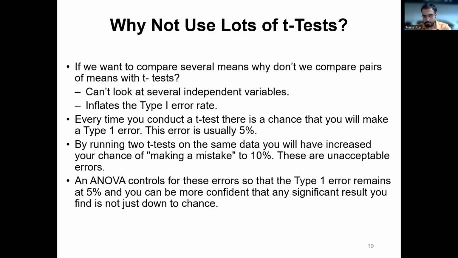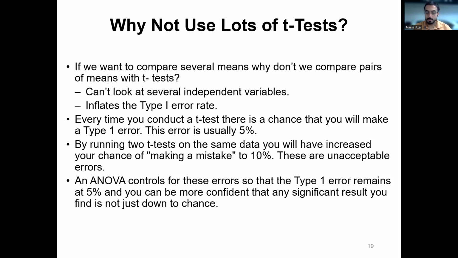In both cases, we have only one dependent variable. Remember that with one-way ANOVA, with two-way ANOVA, with independent t-test, we have only one dependent variable. But with t-test, we have only one independent variable. But with ANOVA, we can have more than one independent variable.